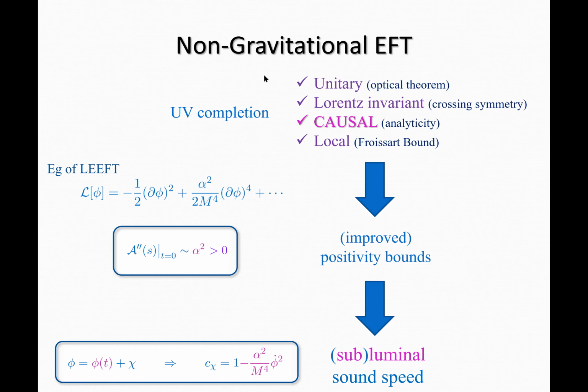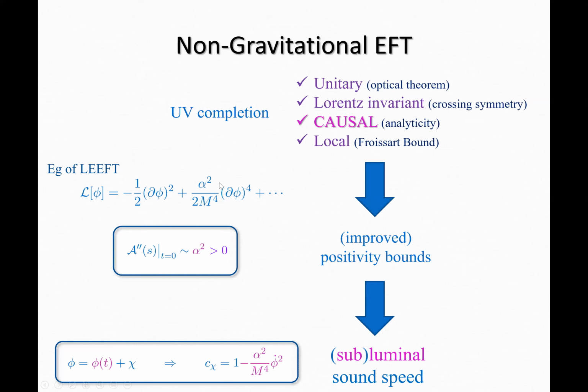So this is an example which Gary mentioned earlier, where we have a P of X theory. I'm just going to consider the first contributions in here. And we know that this P of X type of effective field theory can be embedded within a partial high energy completion, where this operator can be seen as the low energy limit of integrating out some heavy field with mass M. And this can be done as soon as this coefficient alpha squared is real and positive, sorry, as soon as alpha is real.